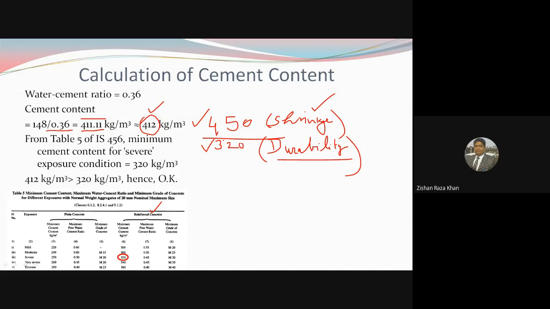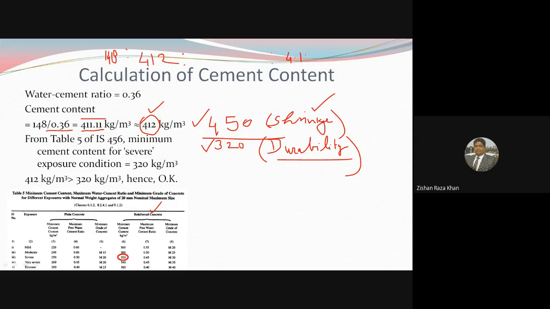Okay, so two things have been decided: 148 kg of water and 412 kg of cement. Now what is left? 1% dose of plasticizer is also decided. So that will be 1% of cement, so it will be nearly 4.12 kg.